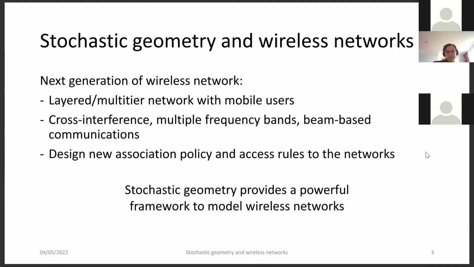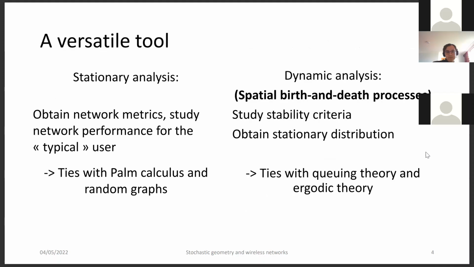This leads us to wonder, for example, how to design new association policies and new access rules to networks in order to maintain and even optimize the network performance for all the users in the network. Stochastic geometry has proven to be a very powerful and versatile tool to model such wireless networks in order to propose a new network architecture to preserve these network performances.